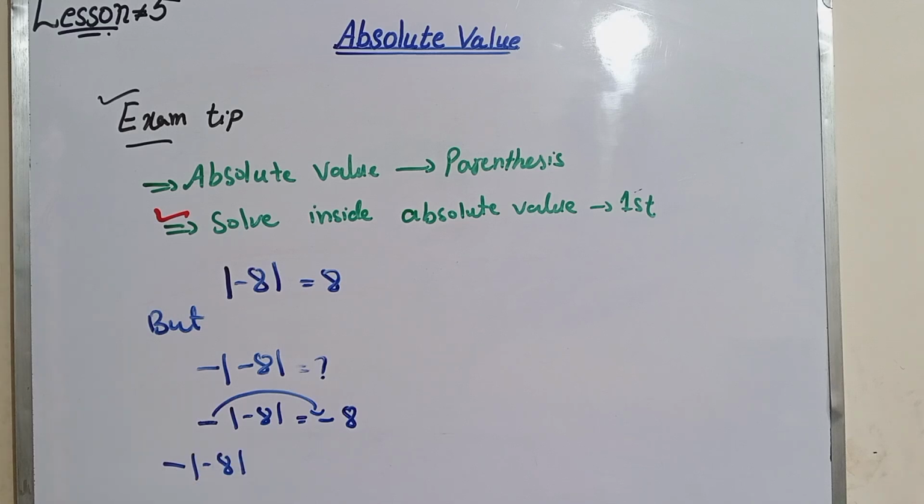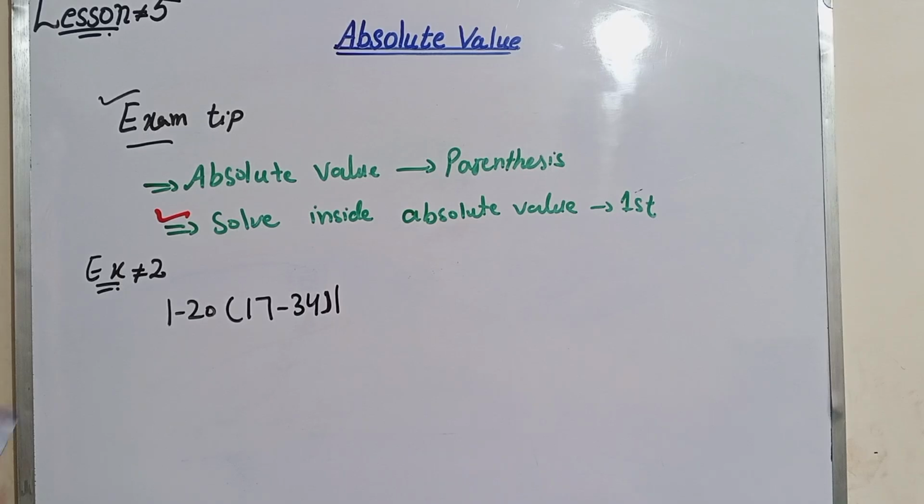What do we do? Minus 1 times 8: minus 1 as it is, and the absolute value converts into 8. So minus sign multiplied by 8 will become minus 8.